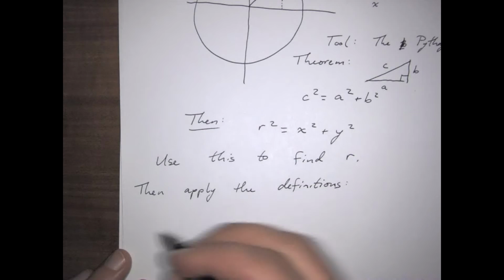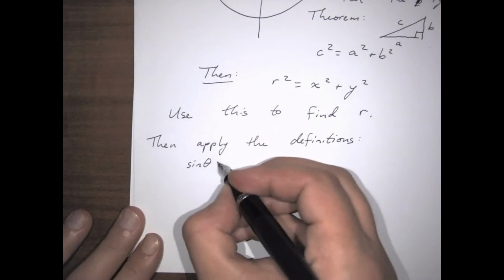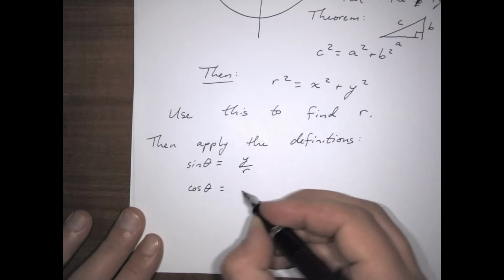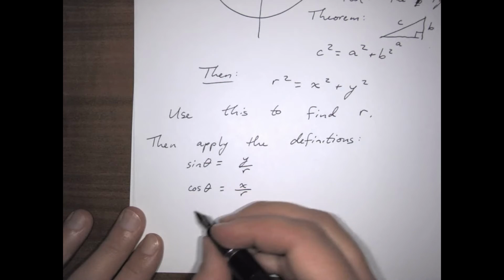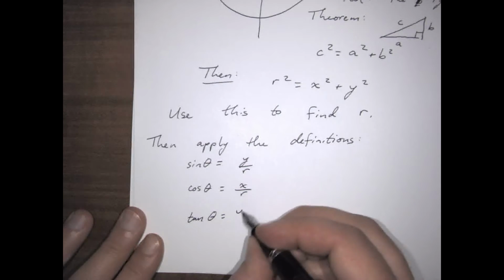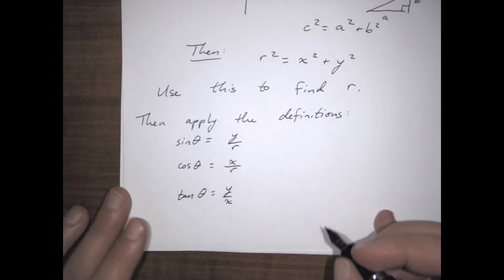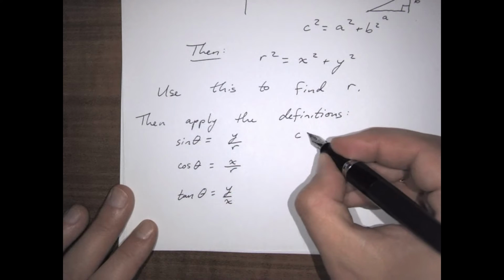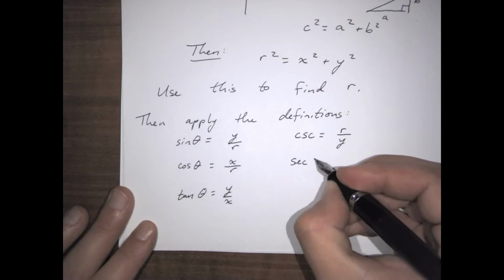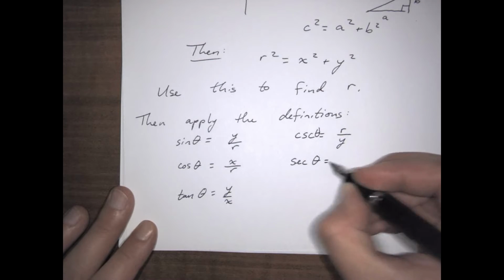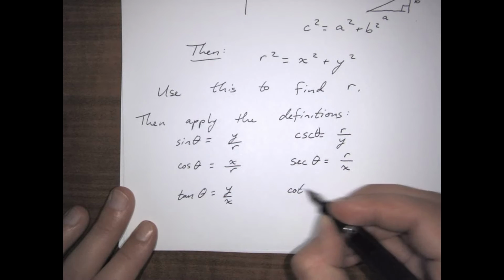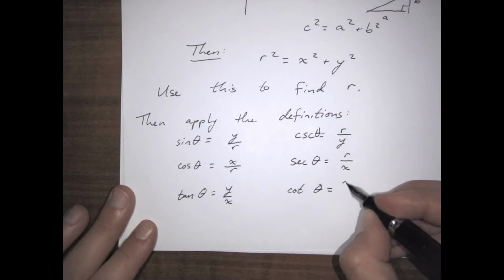the definitions. So here now, sine theta is y over r, cosine theta is x over r, tangent theta is still y over x, cosecant theta is r over y, secant theta is r over x, and cotangent theta is x over y.